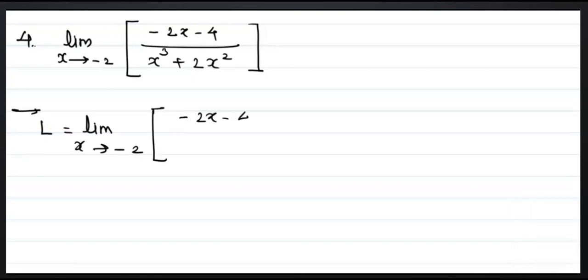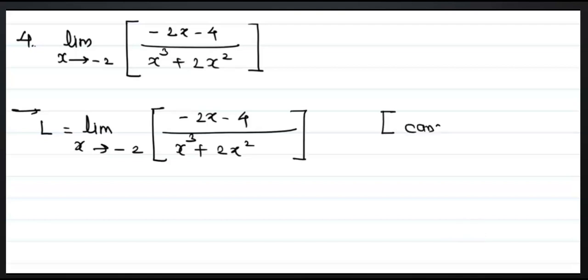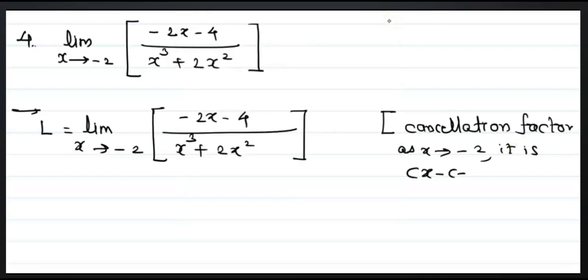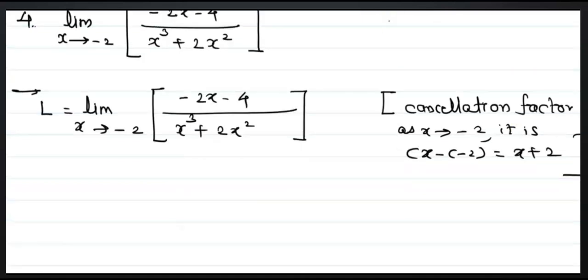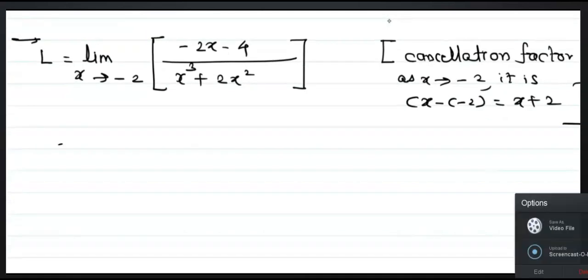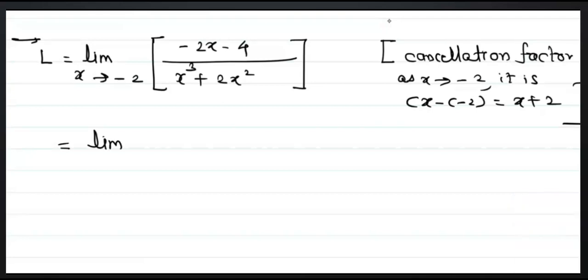Now see this again, I am writing here. This is important. That is, x plus 2 will be the cancellation factor. Now see this here. Limit x tends to minus 2.